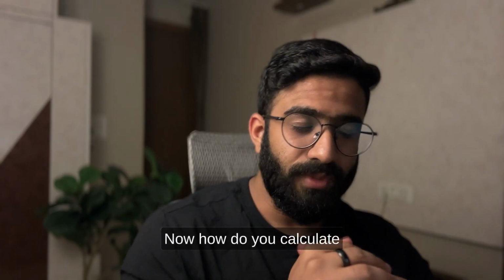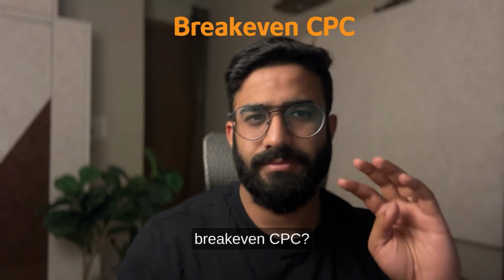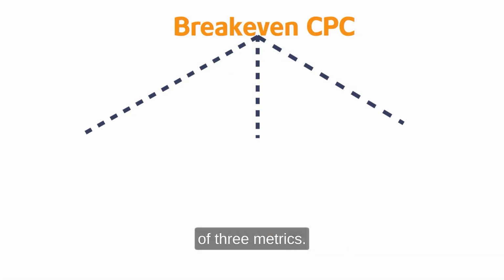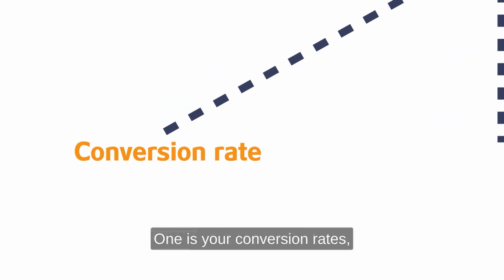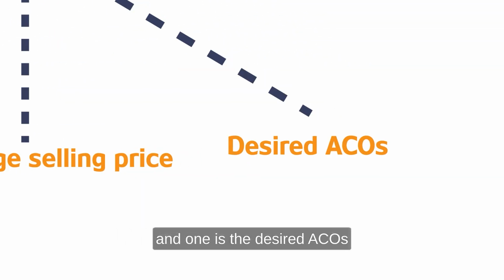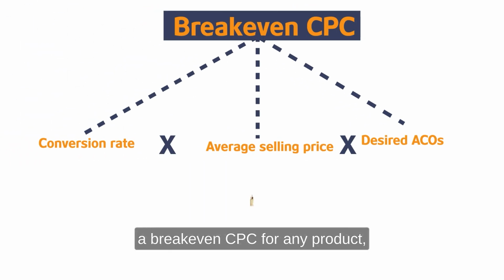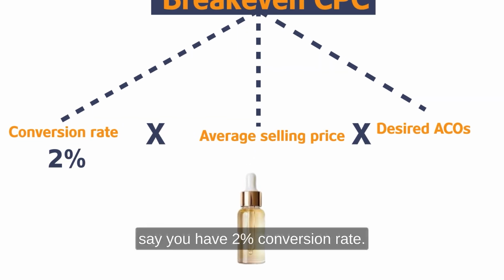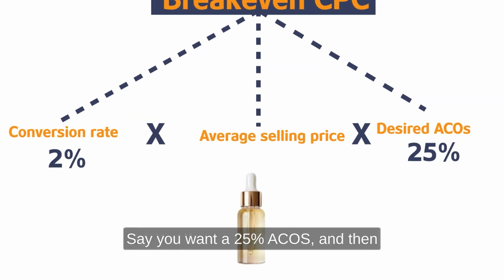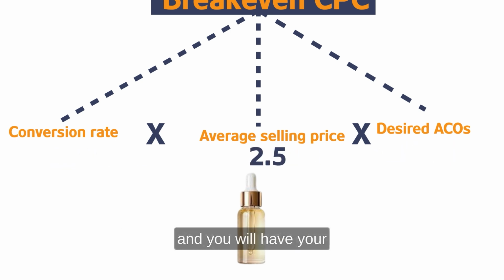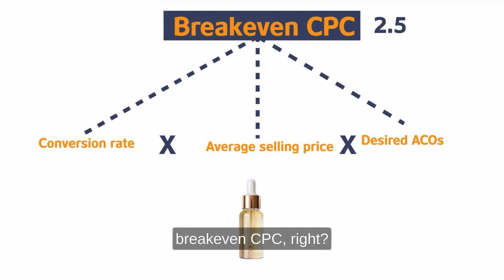Now, how do you calculate break-even CPC? It is basically a function of three metrics. One is your conversion rate, one is your average selling price, and one is the desired ACoS that you need for that product. Now, if you multiply these three, so for example, say you have a 2% conversion rate, say you want a 25% ACoS, and then let's say you have an ASP of 500, just multiply all these and you will have your break-even CPC, right?